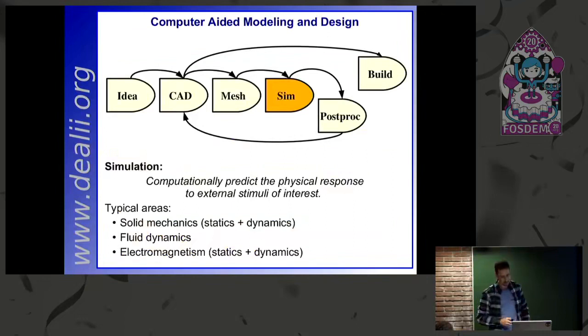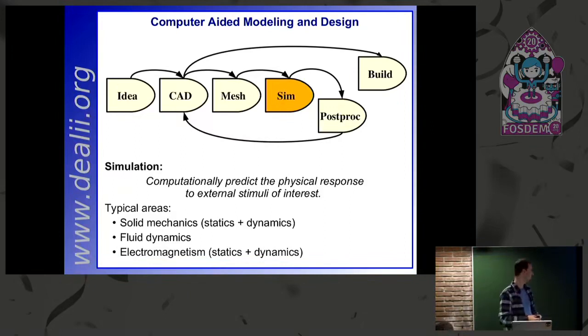So as I say, the simulation is to simulate the physical response of the object to external stimuli. And the three classical areas where people are doing this is, of course, solid mechanics. So you want to know about the static deformation of an object to a force, or maybe solid dynamics. So that would be, let's say, the vibration properties of an object. So if you're interested in, let's say, the response of a high rise to an earthquake or to winds, then you want to see how it oscillates, for example.